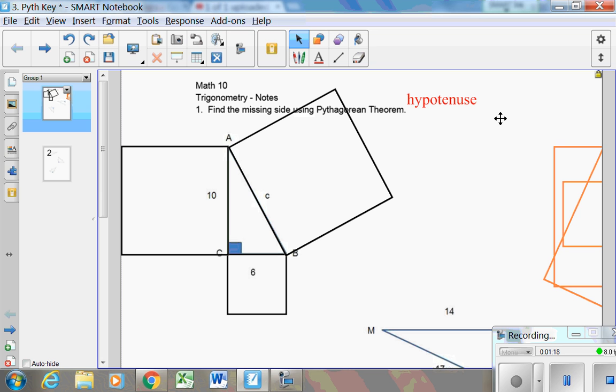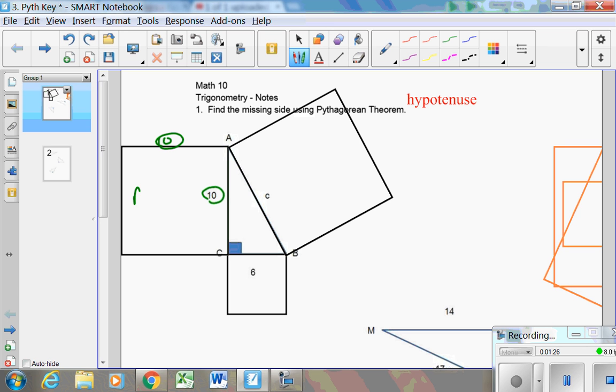So let's go back to what, hopefully, you drew, your squares. And again, we have one square here that is 10 by 10. So this area is 10 squared. So this area is 100. If I go to the next square, this is a 6 by 6 square.